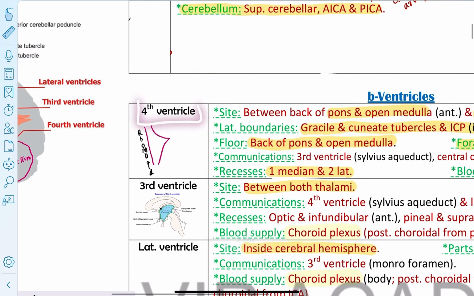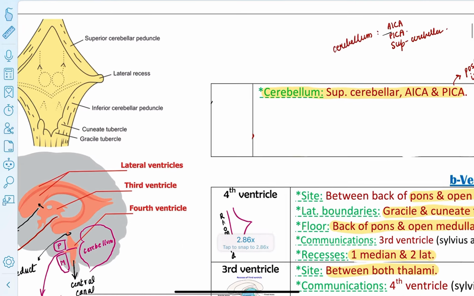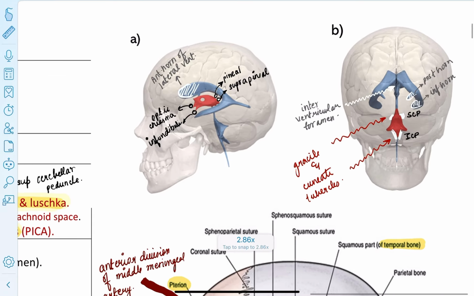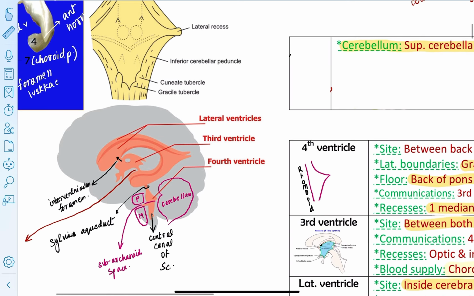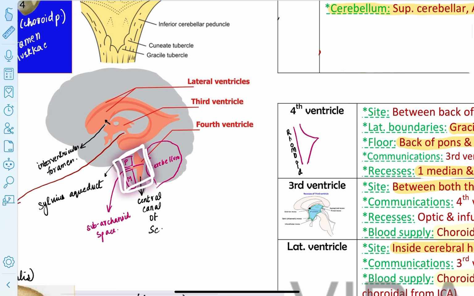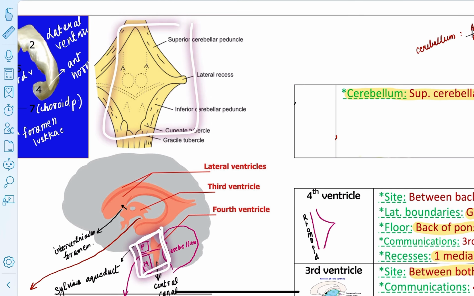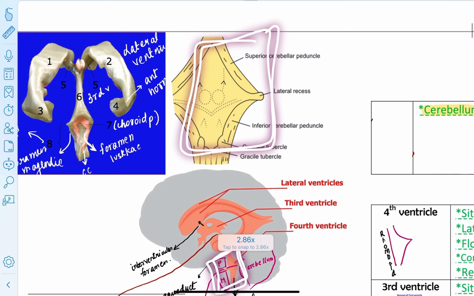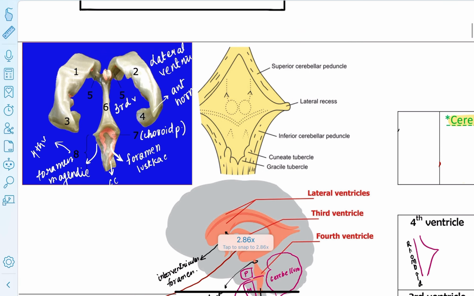The first ventricle we'll study is the fourth ventricle. It looks very pretty. This one is the fourth ventricle, and this is the zoomed-in version. If it's a genuine question, how will they put ventricles on the table?